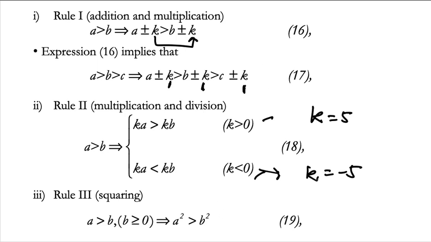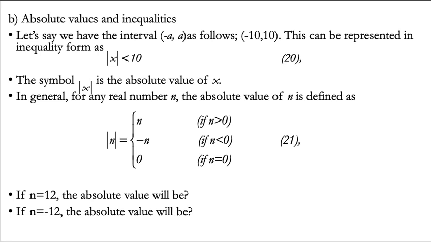Now, let's look at the concept of absolute values and also inequalities. So, let's say usually we write an interval, let's say between minus A and A. And let's say that minus A and A in numerical value is minus 10 and 10. Is this a closed interval or open interval? I did mention to you last time, isn't it?